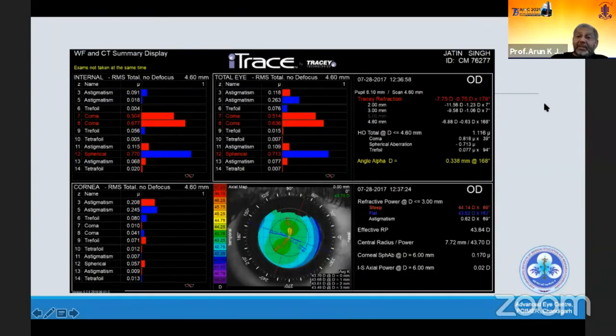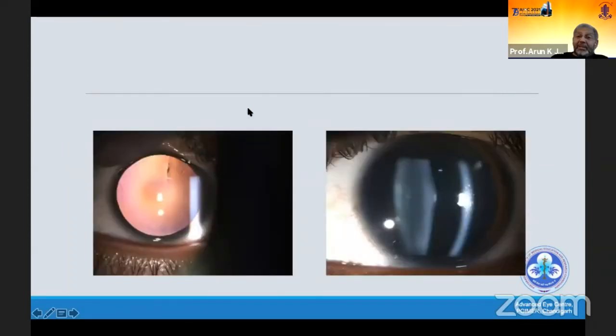And when we went back to the slit lamp examination, you see the patient has a lenticonus with minimal opacity. So the main cause of his bad vision is lenticonus leading to coma and spherical aberration.